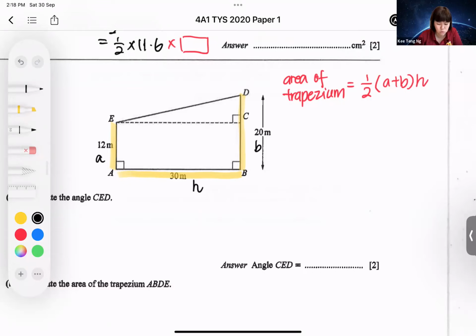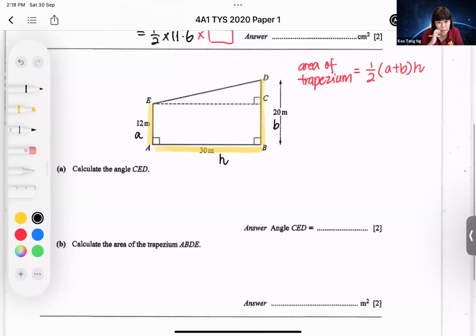Okay, let's try to do the question. Calculate the angle CED. In order to find angle CED, we'll probably need to use SOH CAH TOA. And when they want to find an angle, we need to think of the inverse, so power minus 1. So first, let's find a right-angled triangle.